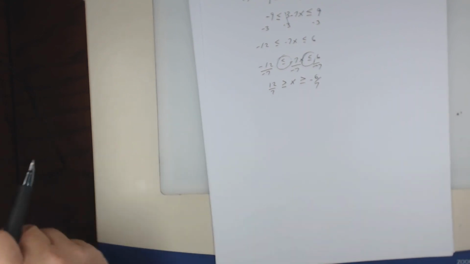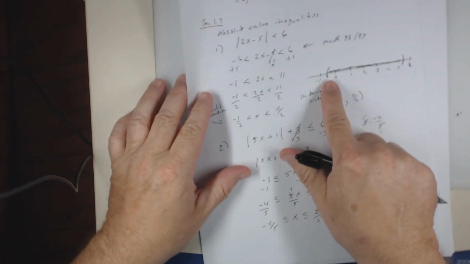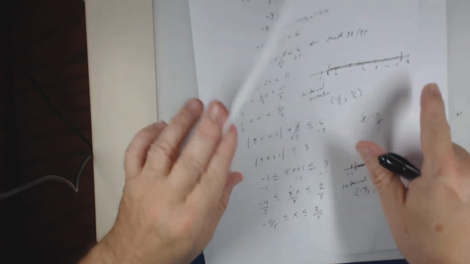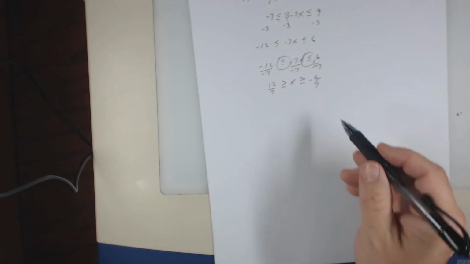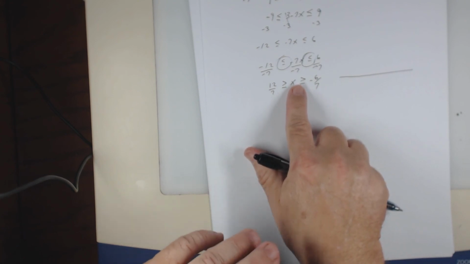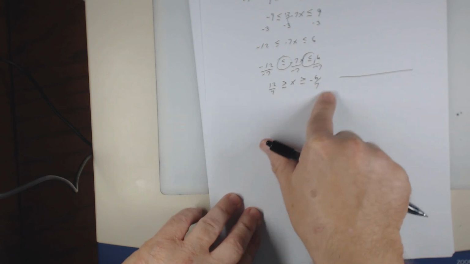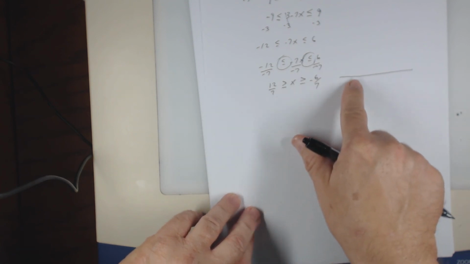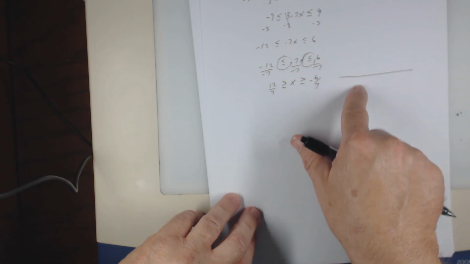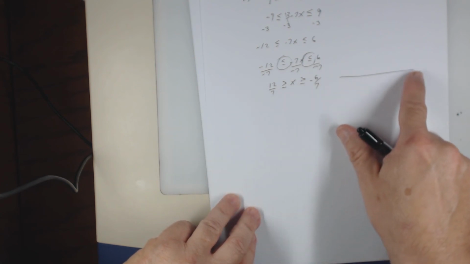Now remember when we did this here, we always go from smallest to largest, right? Okay. So when I graph this, basically what I'm saying is that all my solutions are between, or in, this interval right here, correct? But when I draw the graph, the mistake people make if they're not careful is they're going to put 12/7 and then negative 6/7.